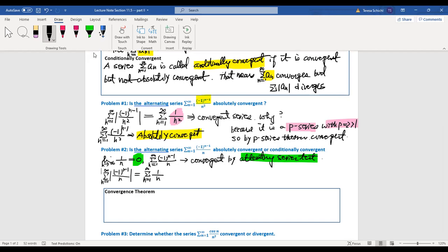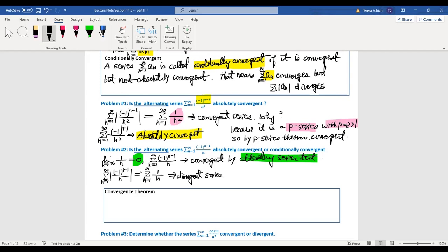Because when you take the absolute value of (-1)^(n-1), it's always positive 1. So what is this series? This is a divergent series.